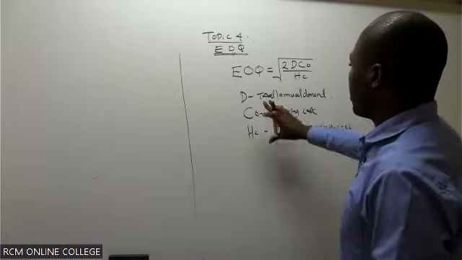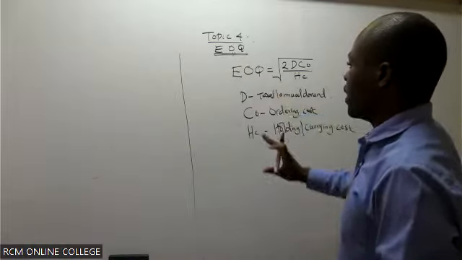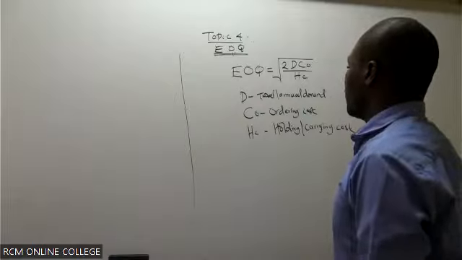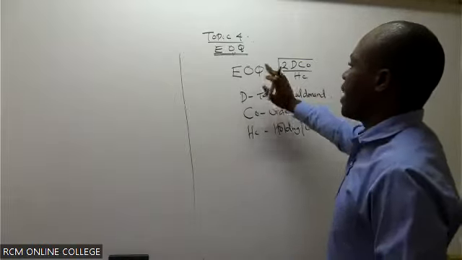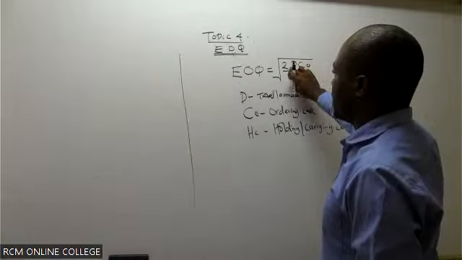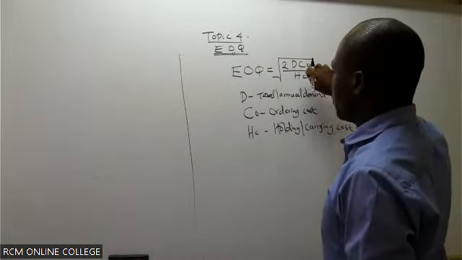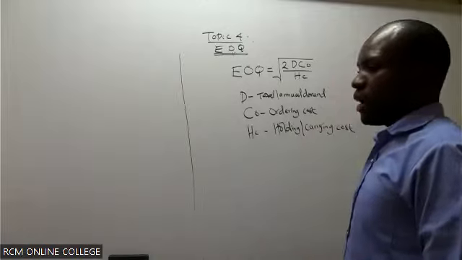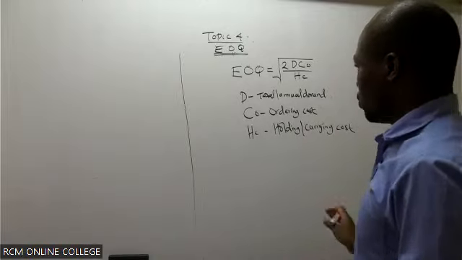So once you understand this, and you are given a question, you basically do a very simple job. Just identify what will be there as D, what you have there as ordering cost, and what you have there as holding cost. So that is what we have.